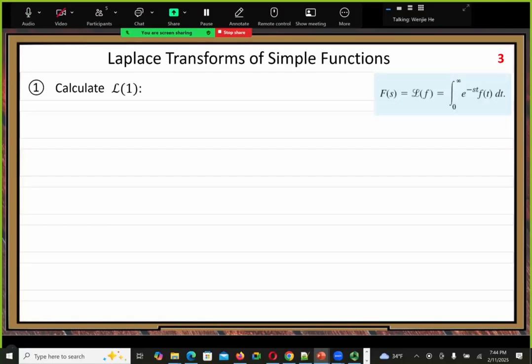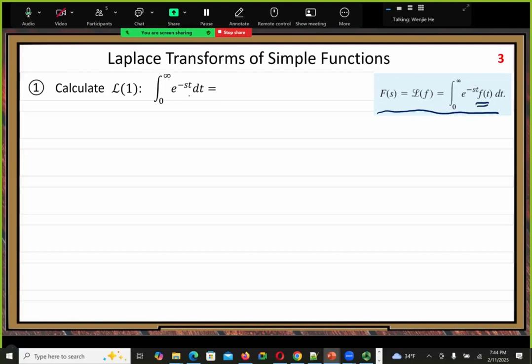And we use the definition here. I put the definition of Laplace transform here. So we can calculate it. The little f function is 1, so you only have that e function part. Then integral by parts, right?